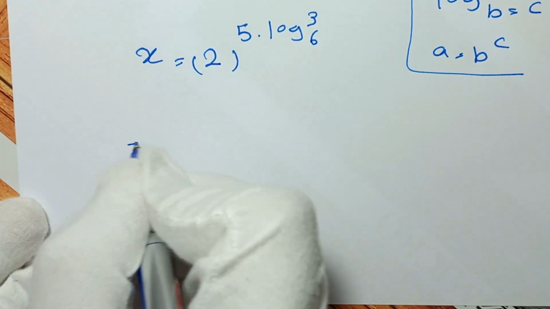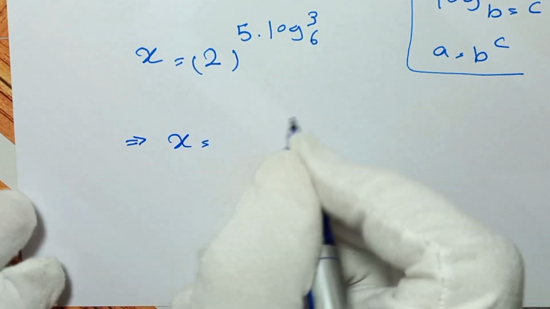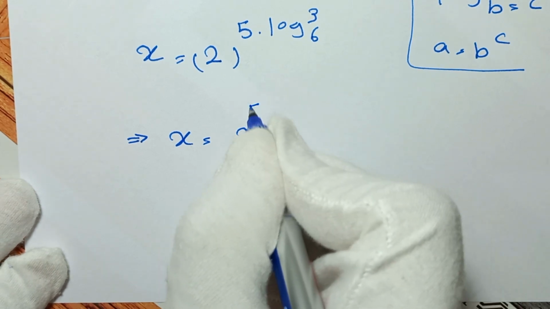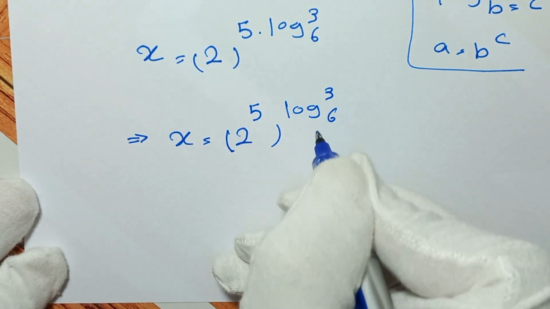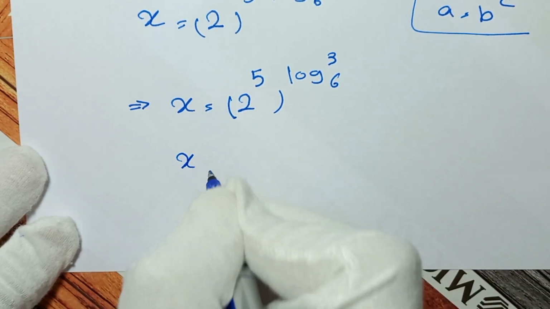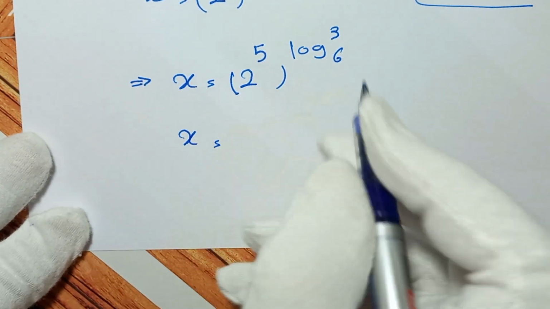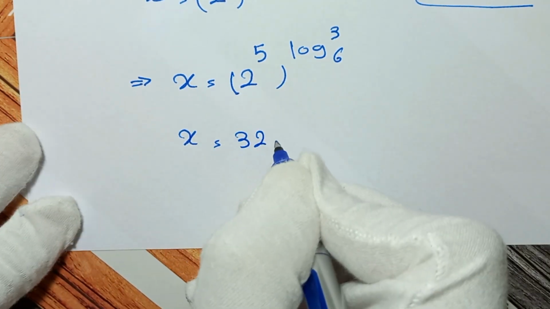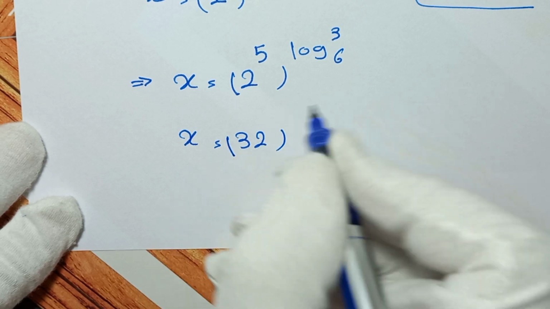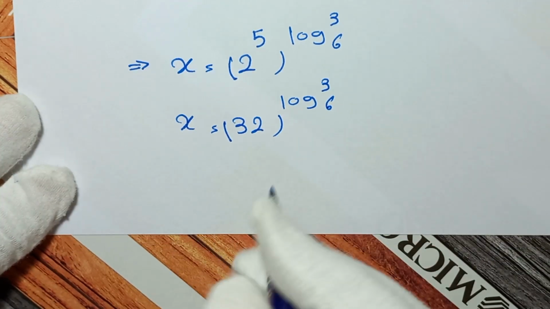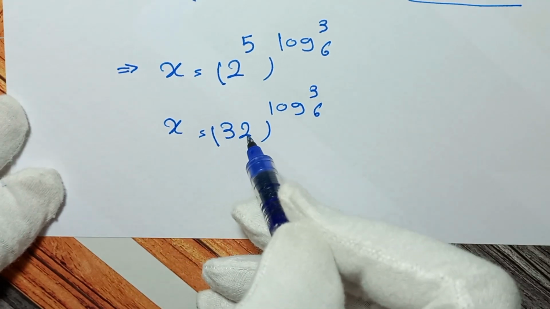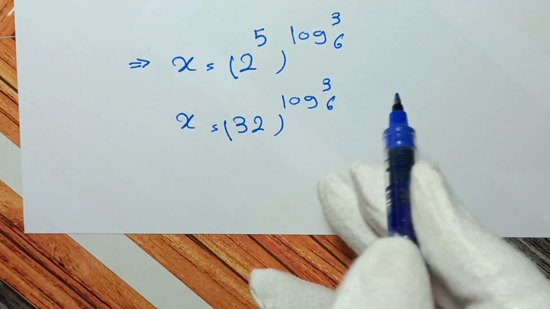We can write this as x is equal to 2 to the power of 5, to the power of log 3 to base 6, and it will be x is equal to 2 to the power of 5, which is 32, to the power of log 3 to base 6. So from the second method, x is 32 to the power of log 3 to base 6.